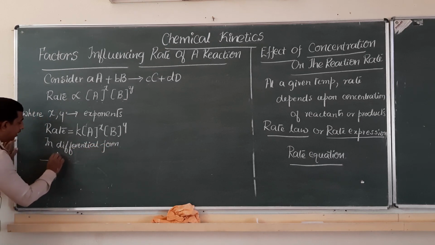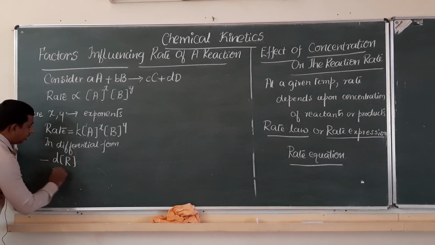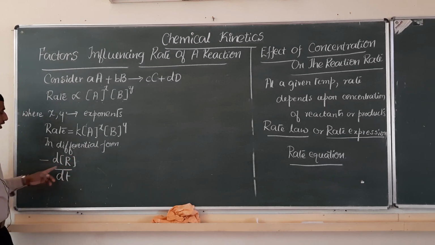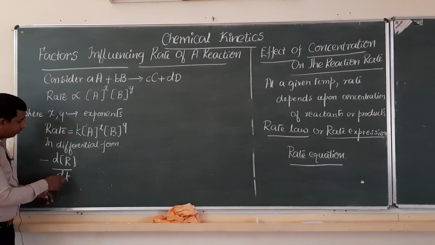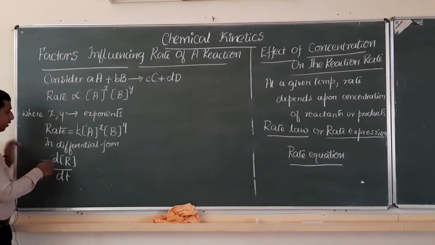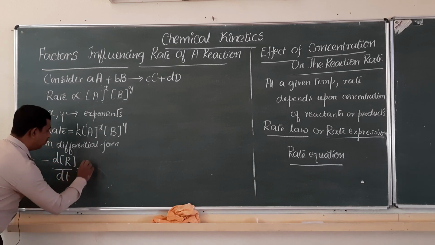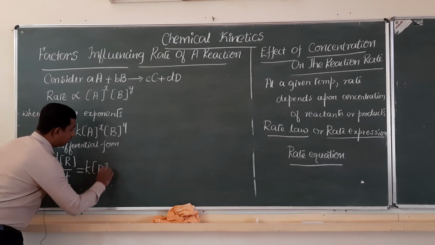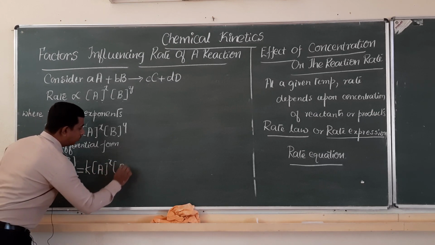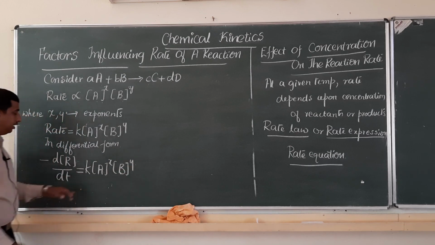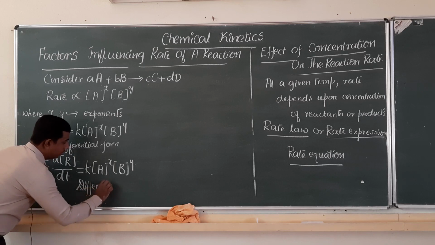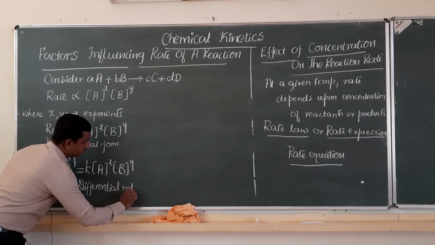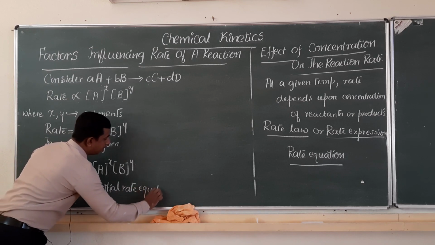That is minus dR by dt. Now, what is this dR by dt? Change in the concentration of the reactant with respect to time. So, change in concentration with respect to time, this is rate only. So, minus dR by dt is equal to k into concentration of A power x into concentration of B power y, and this expression is called as what?